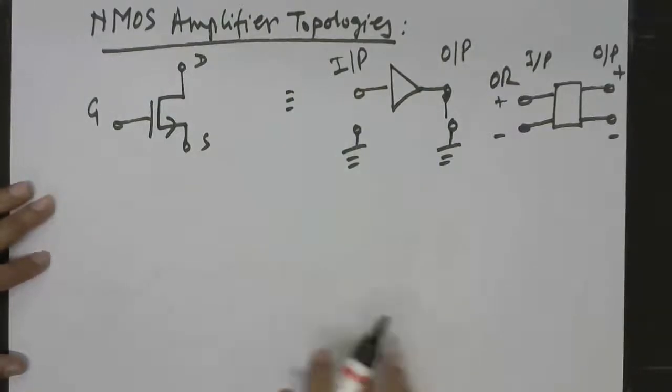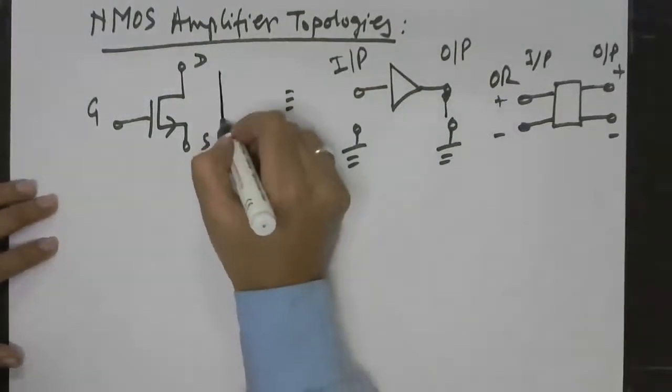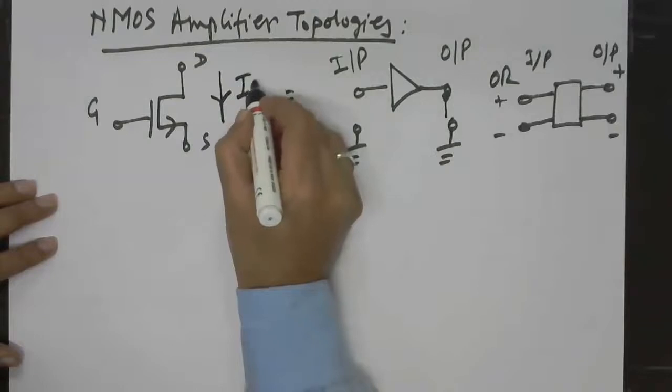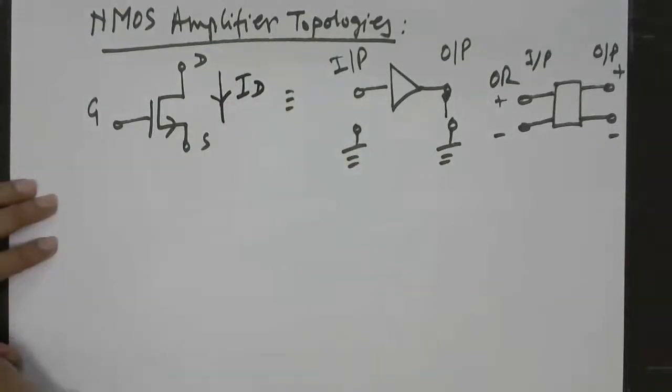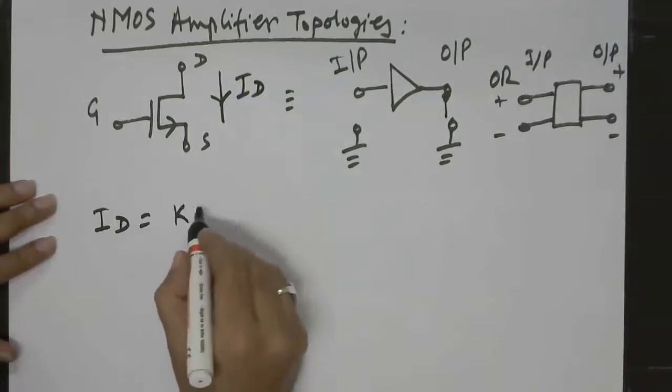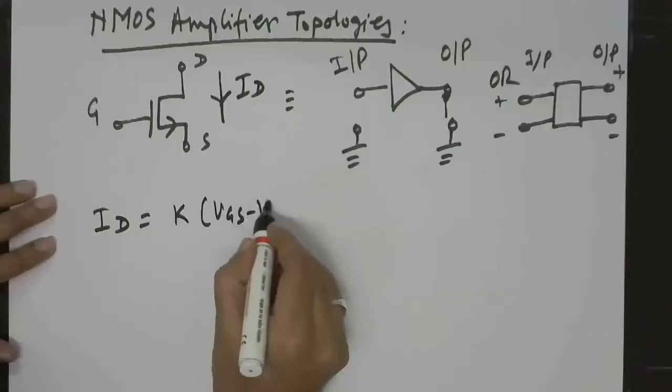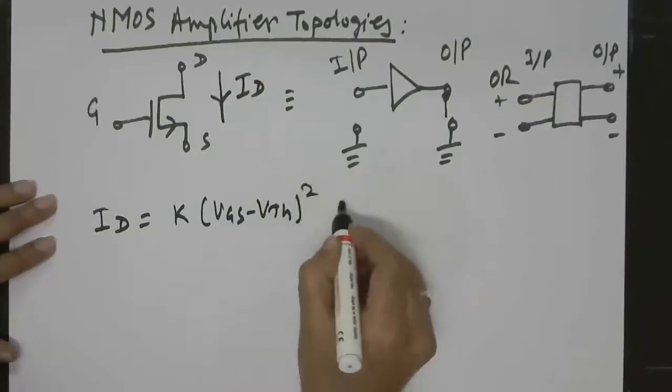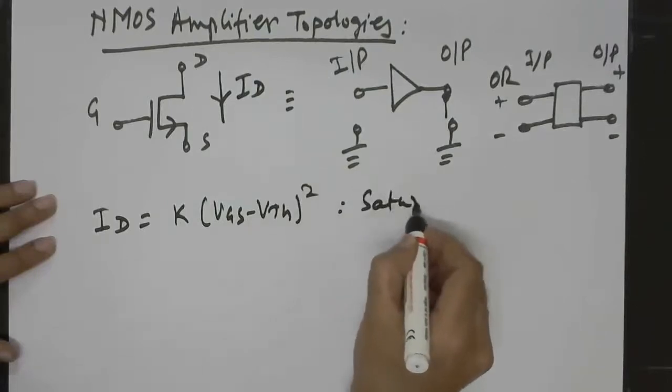So recall that the fundamental equation for NMOS is ID equal to K into VGS minus VTH whole square, of course in saturation.